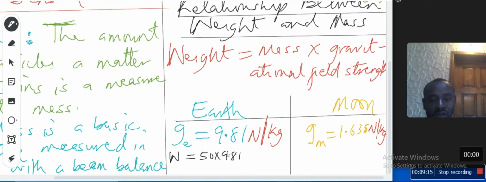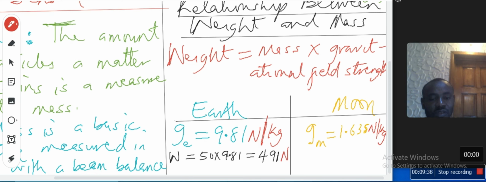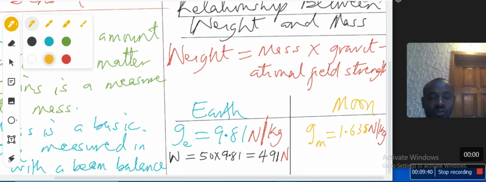That gives about 500, but this one will give 400 and something. 50 times 9.81, 400 and what? 490.5. Let's just say 491 Newton. That's a unit of weight, right? Yeah, 491 Newton.